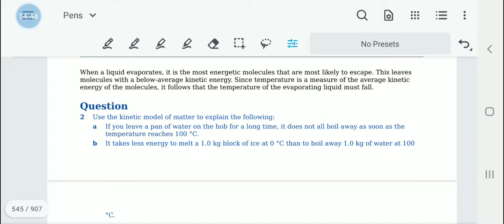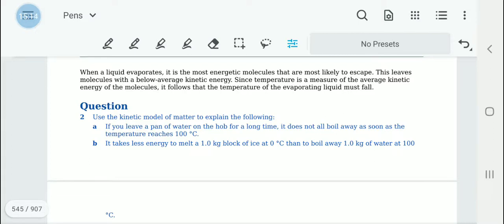So when you keep something to cool down, let's say you boil some water, and then you switch off the stove or whatever you use to boil it, and you leave it.